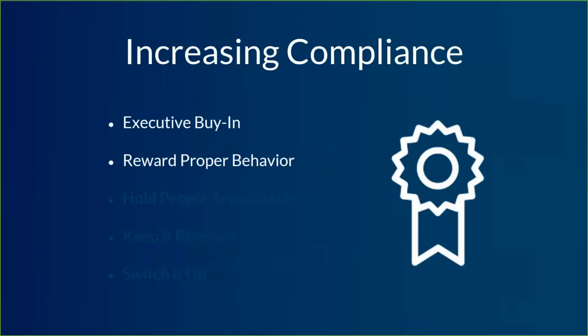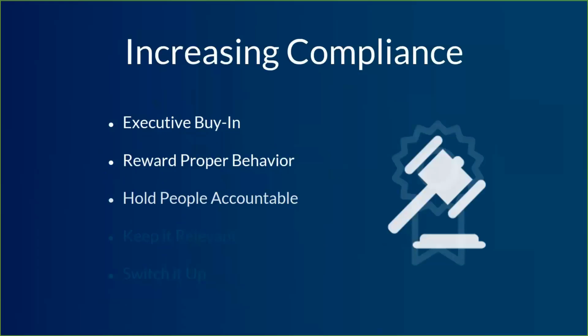Now, the flip side of that is you need to hold people accountable. If they're doing behaviors that are not in line with your privacy and security policies and procedures, then that needs to be corrected, and corrected fairly quickly. Because again, people are going to notice and they're going to take direction from that.